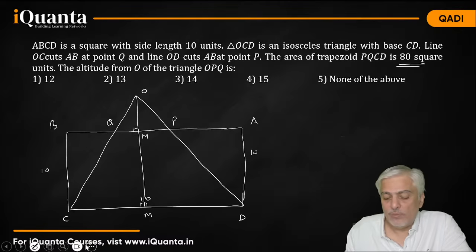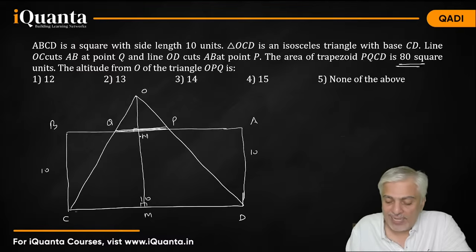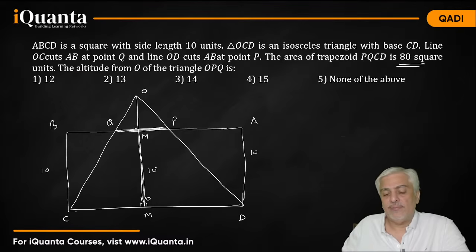In the trapezium, what all do I know? I know CD, which is 10. I don't know PQ. And I know the height, which should also be 10, MN. MN should also be 10.